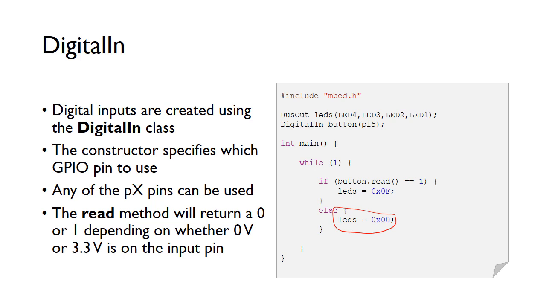Depending on whether you're pressing the button or not, it's going to depend on how you've connected up the button. If you use a pull-up resistor or pull-down resistor, it'll affect which one of these corresponds to the button being pressed or not pressed.